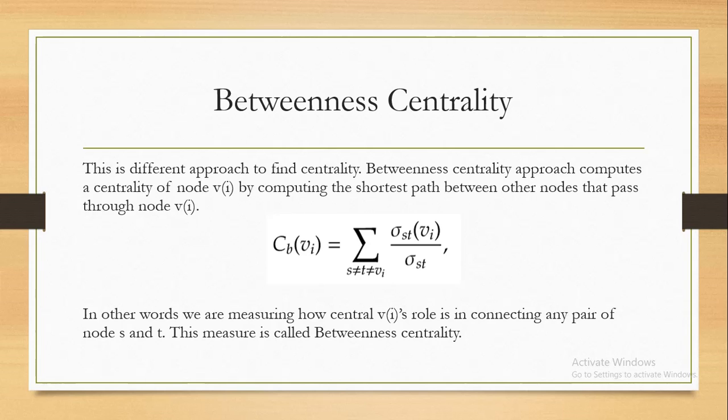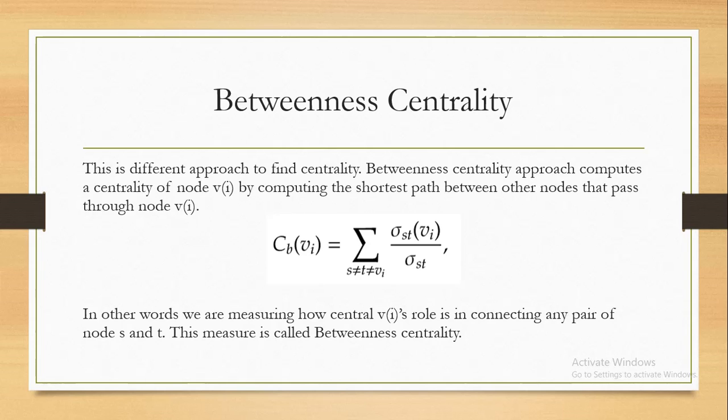Till now, we have calculated the centrality of a node based on its degrees and neighbors. But this is a very different approach to finding centrality. Another way of looking at centrality is by considering how important nodes are in connecting other nodes. In other words, we are measuring how central node V_i's role is in connecting any pair of nodes S and T. This measure is called Betweenness Centrality.